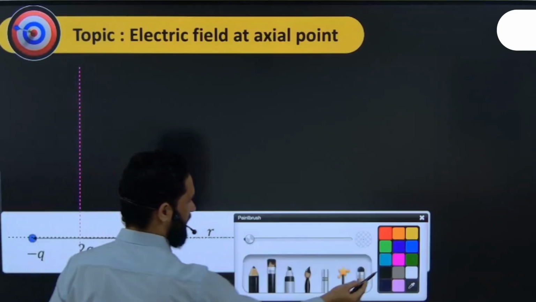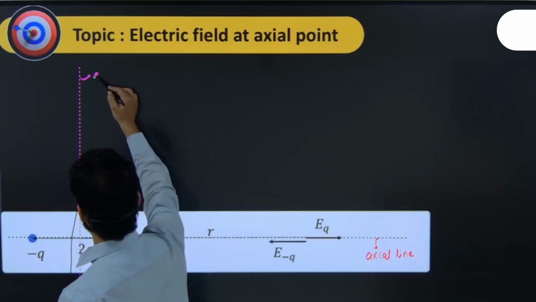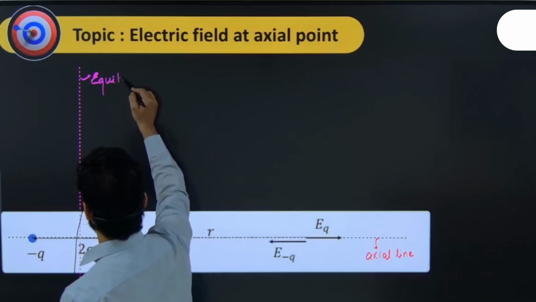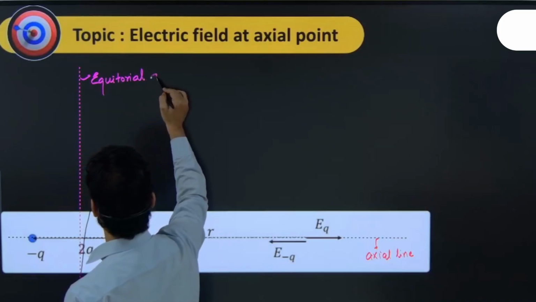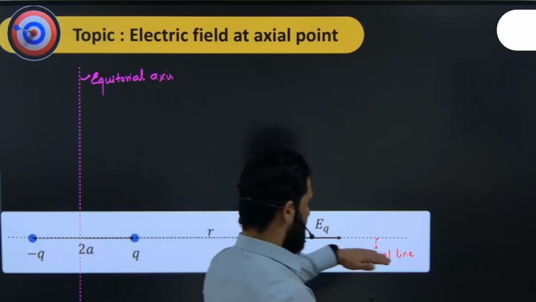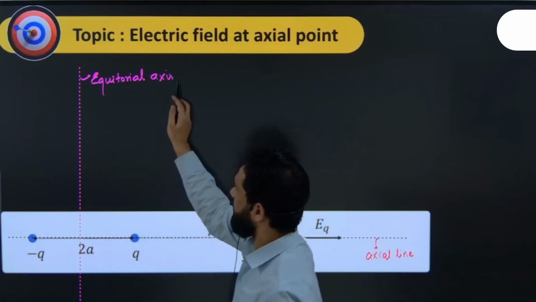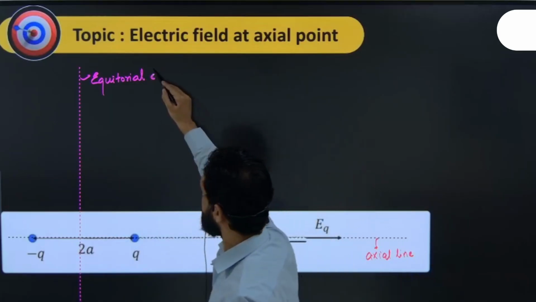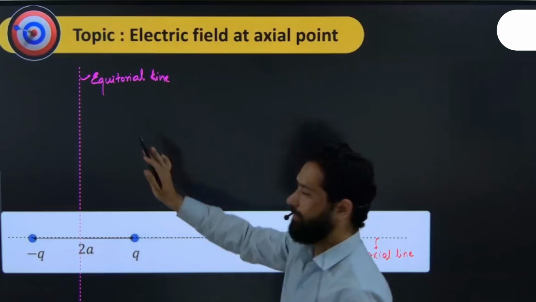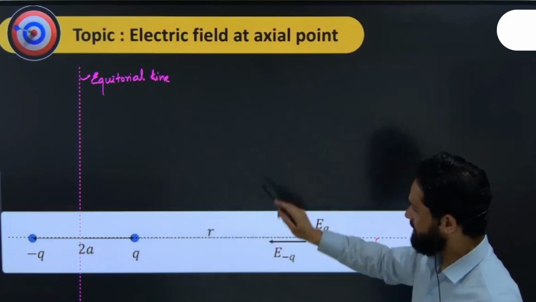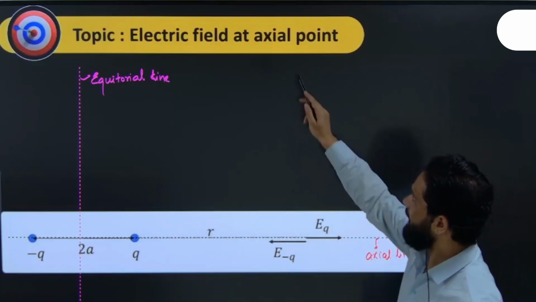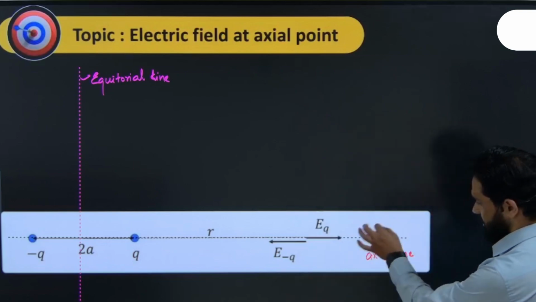This line is called the equatorial axis, or equatorial line. Axial and equatorial.